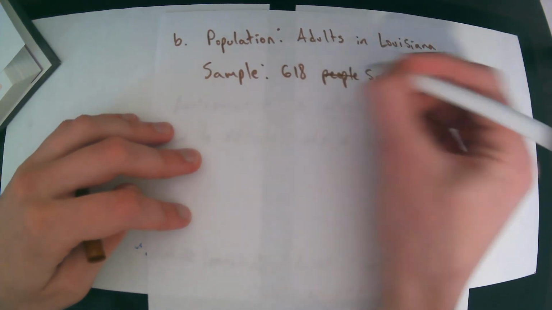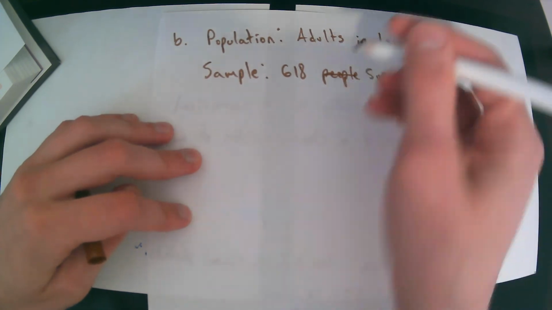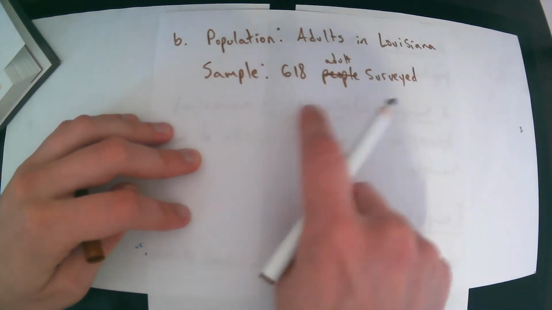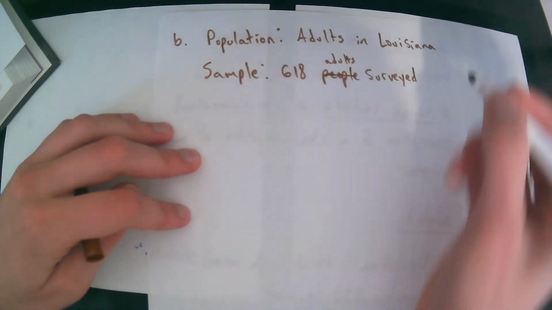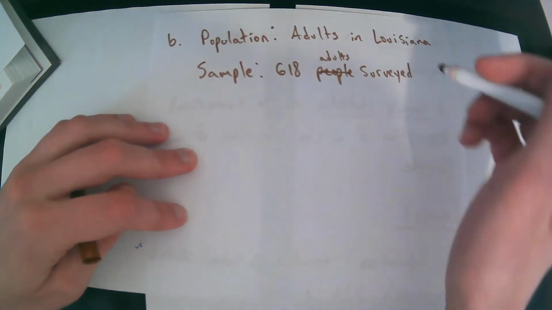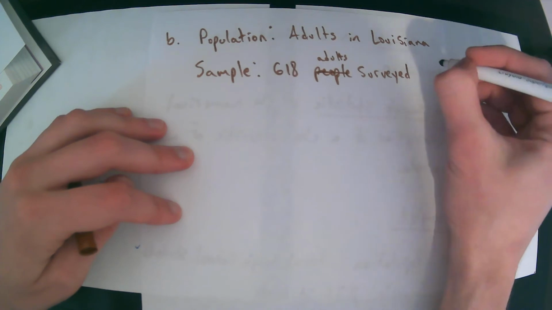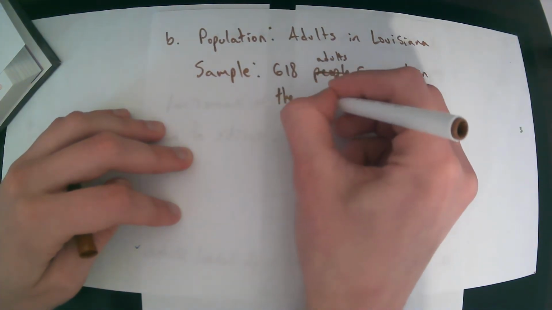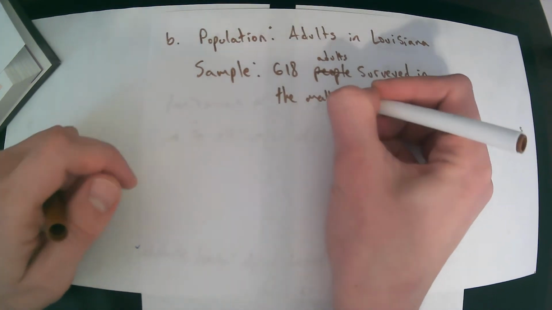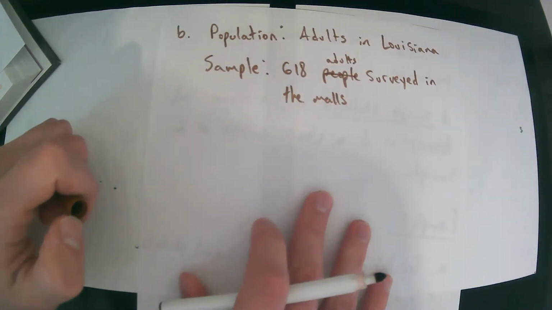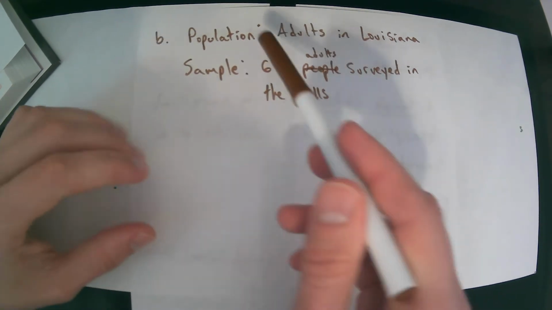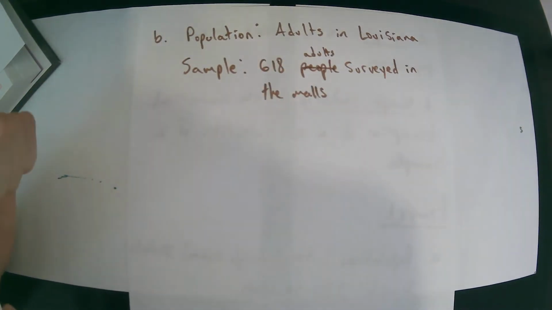I should say adults because they are pointing out that they're adults. It's implied if my population is adults, then the people who are surveyed should also be adults. 618 adults surveyed in the malls. So you may think, based off of this sample, well, is this really a good representative sample of everyone in Louisiana?